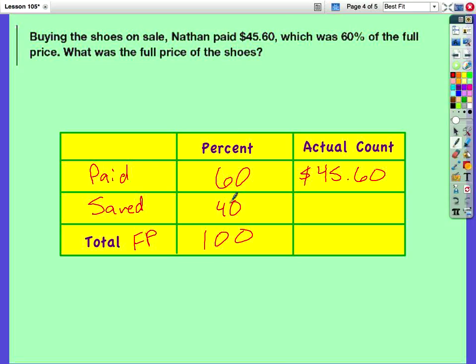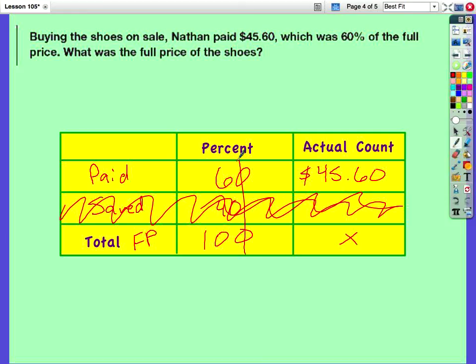Okay, process of elimination. They want to know what the full price of the shoes is, so we don't even need to worry about the save column here. Once again, I'm going to reduce this right away because I can get rid of those zeros. So I have 6/10 is going to equal $45.60 is to what? If I didn't reduce first, I'd still get the same number.